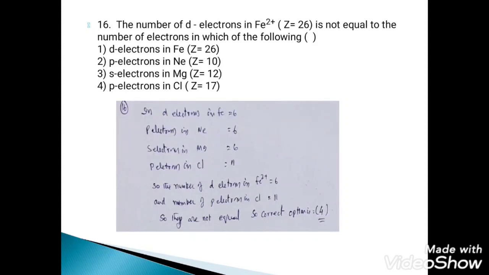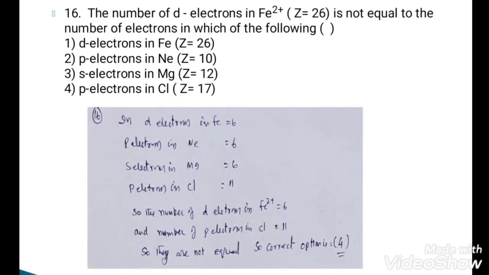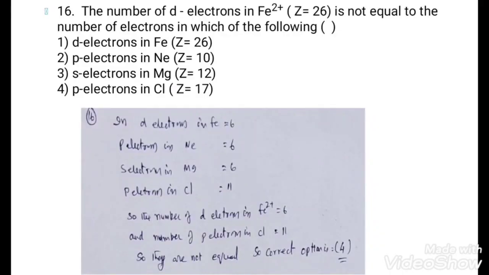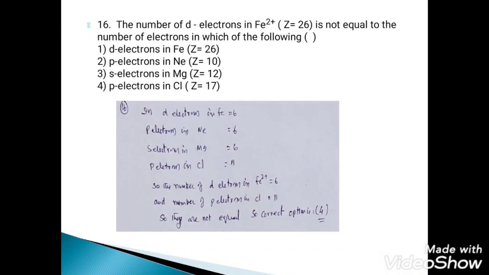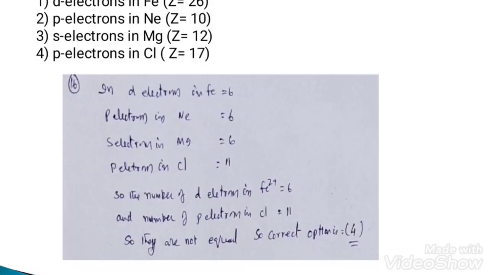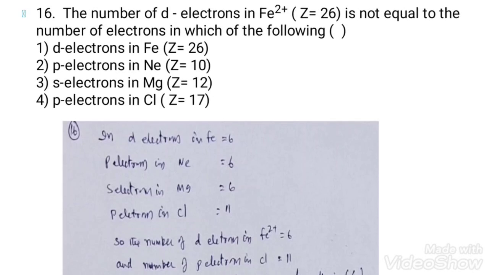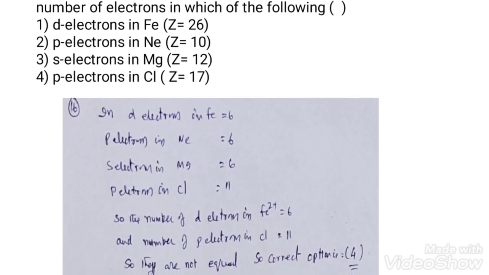The number of d electrons in Fe2 plus is not equal to the number of electrons in which one of the following. The number of d electrons in Fe2 plus is equal to 6, and p electrons in neon is equal to 6.